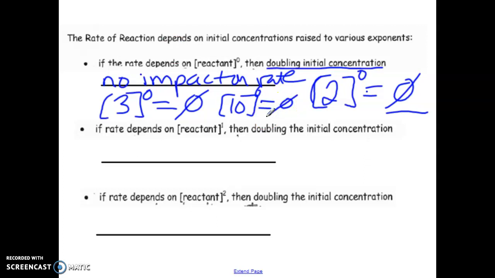Looking at this from the point of view of wanting to increase the rate of a reaction, this is important information to know, because if something has an exponent 0, there's no point in changing the concentration for that particular item. In general, you're told that when you increase concentration, it will increase the rate. Well, that's not entirely true, because it depends on the mechanics of that reaction. Not all reactants are equal.